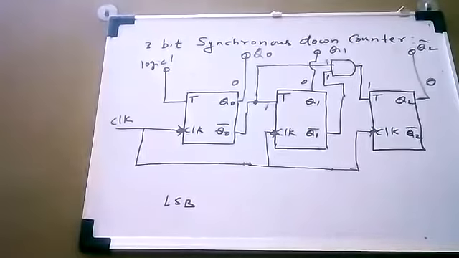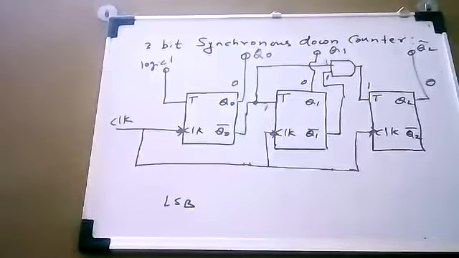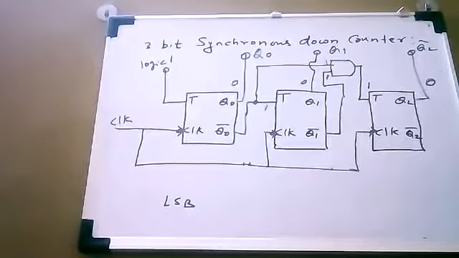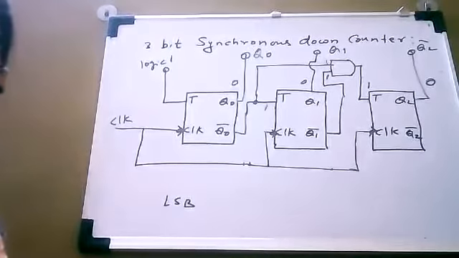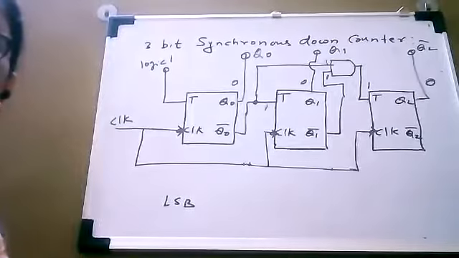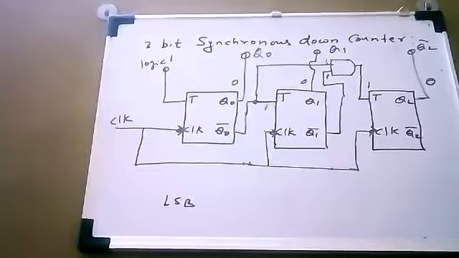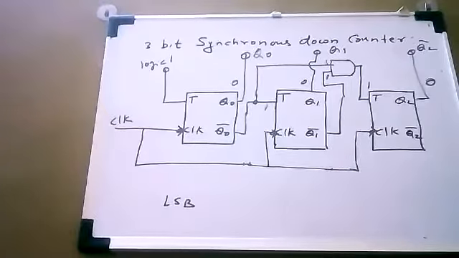So in this condition, when previous outputs are 0, 0, 0, the input applied to the first flip flop is 1, that to the second flip flop is also 1, and that to the third flip flop is also 1. So as T is equal to 1, all flip flops will be toggled, or they will be changing the state when the clock signal is applied to them.